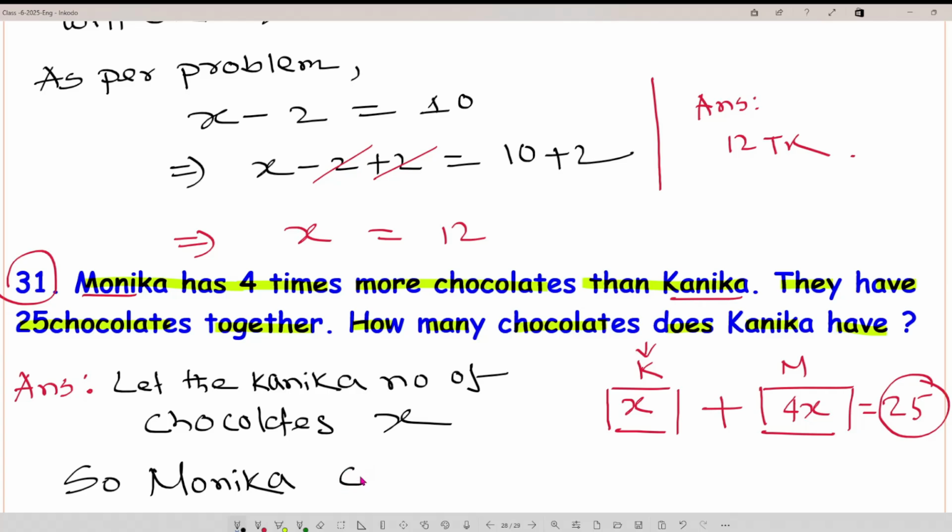Monica's chocolate is 4 times, equals 4x.